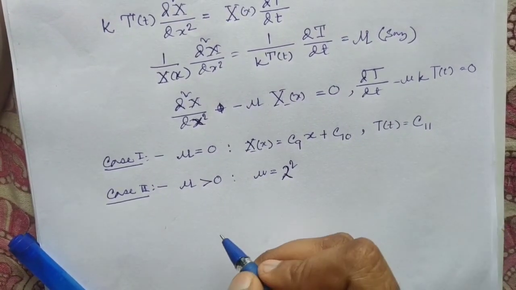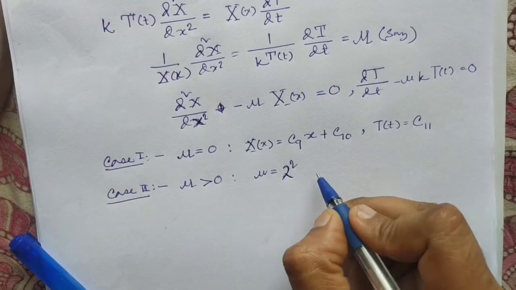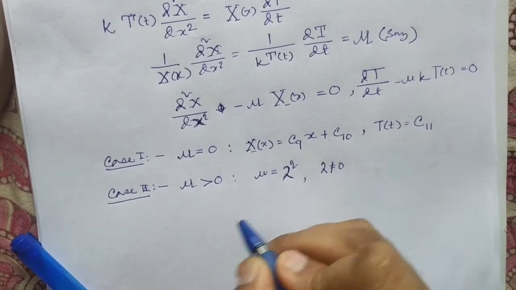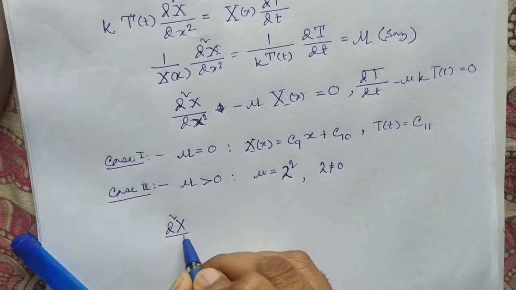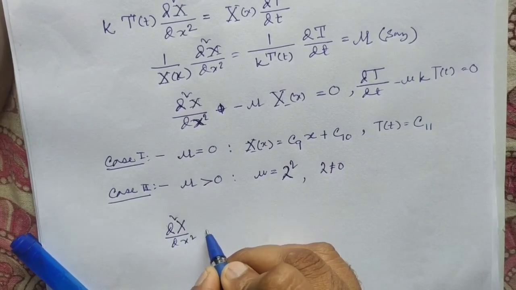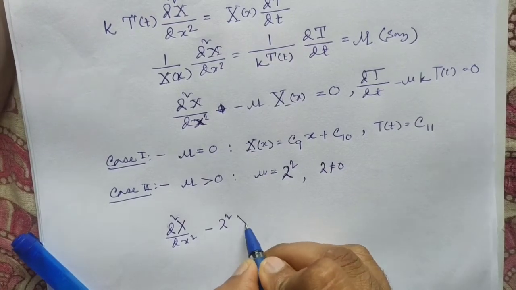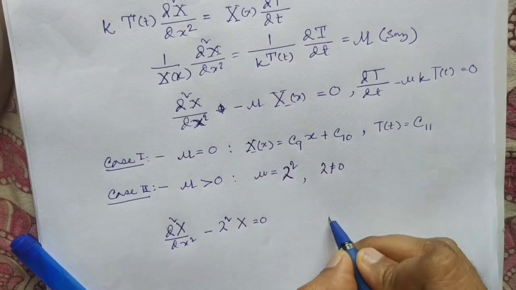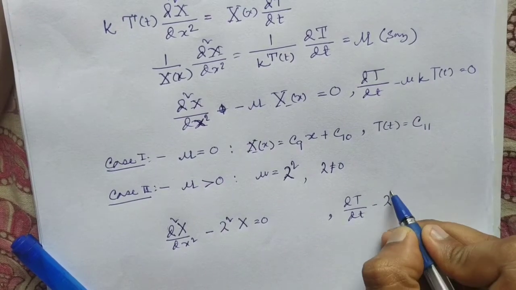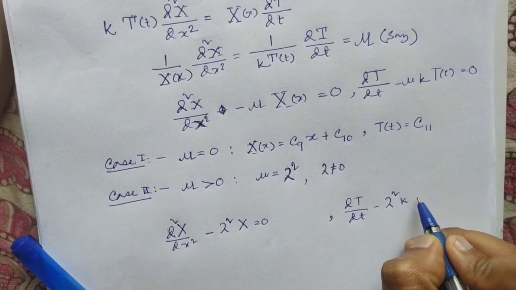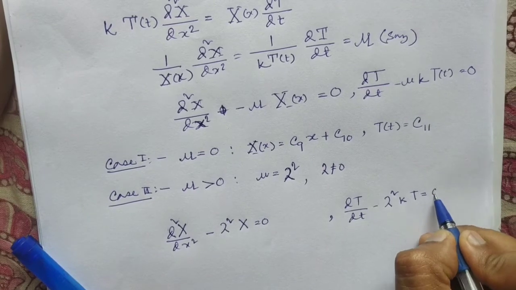So what we get is d2X/dx2 minus lambda squared X is equal to 0, and dT/dt minus lambda squared k T is equal to 0.